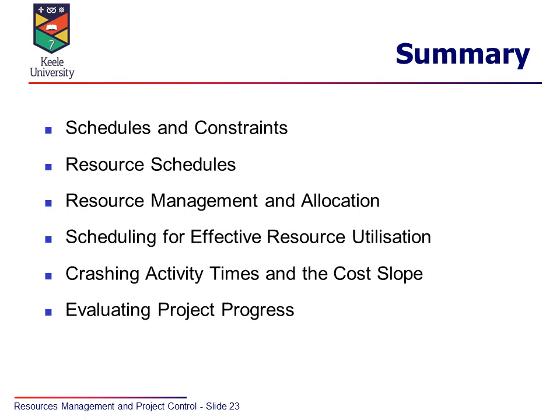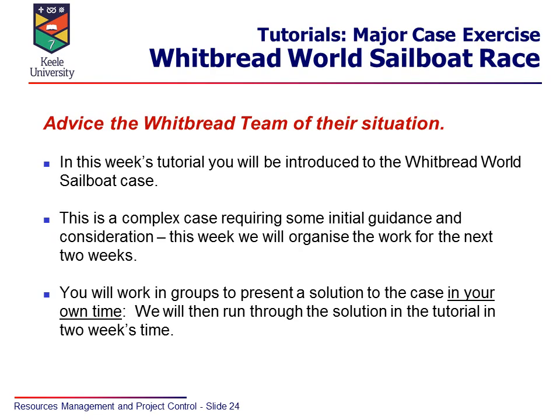Okay, so there's the summary. We've looked at resources and constraints. We've looked at the idea of resource smoothing and levelling. We've also looked at the idea of crashing activity times to reduce the overall project, and we've had an introduction to how we might evaluate progress of a project as it's ongoing as part of controlling the resources and controlling the project itself.